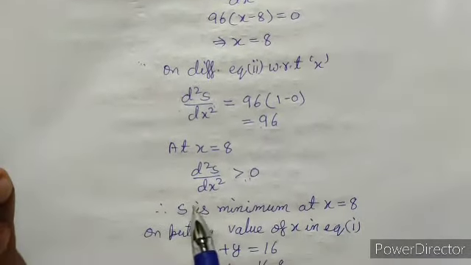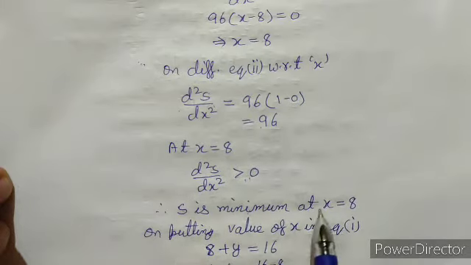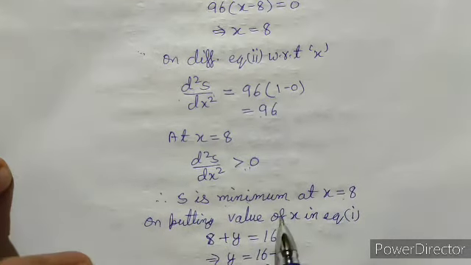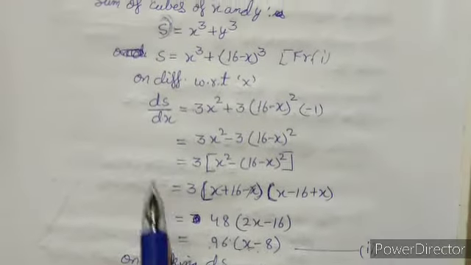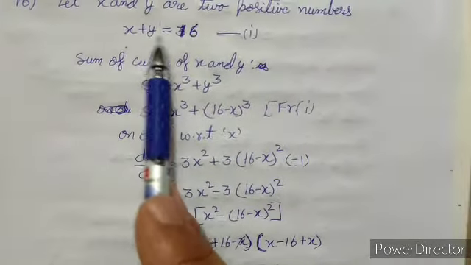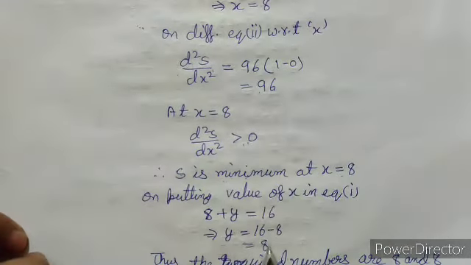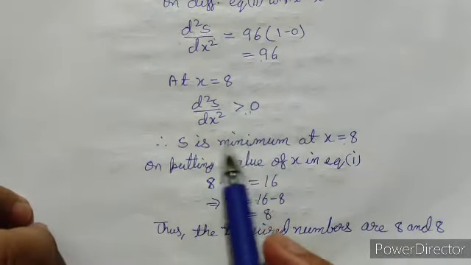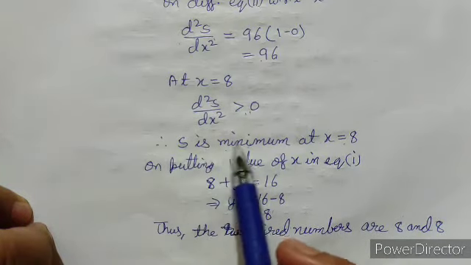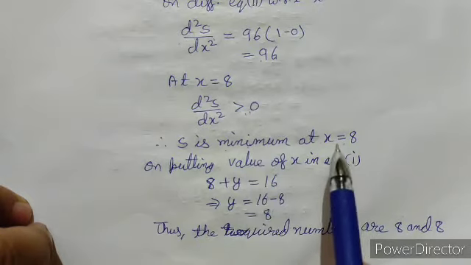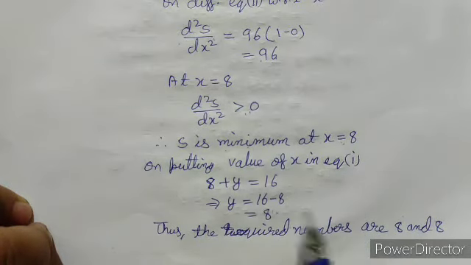So we can say that s is minimum at x equal to 8. On putting the value of x in equation first, that is x plus y equal to 16, we get the value of y as 8. So s is minimum if the two numbers are 8 and 8.